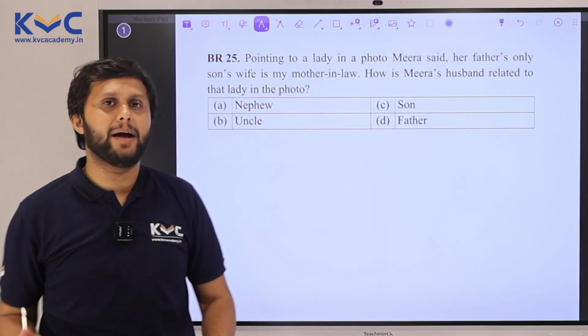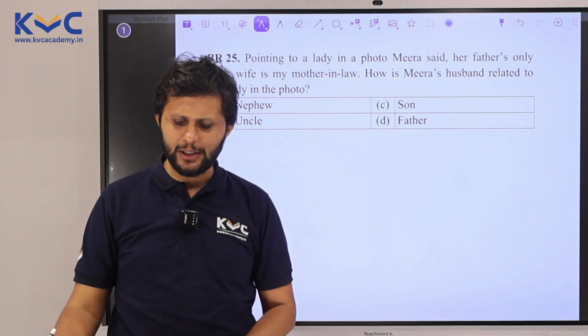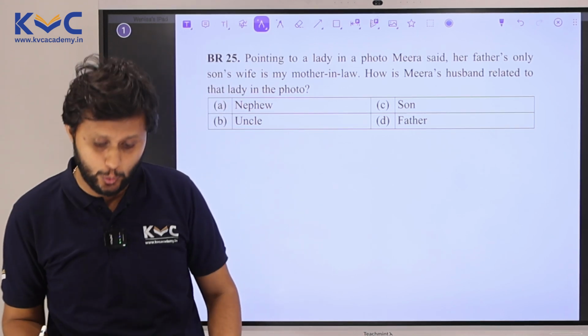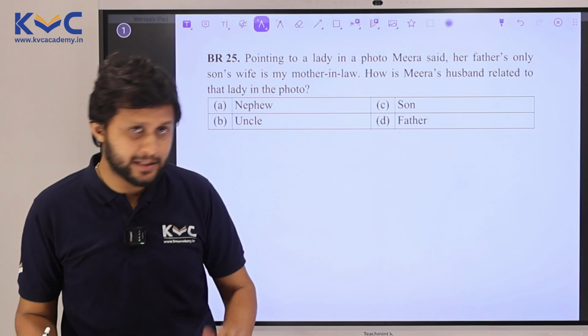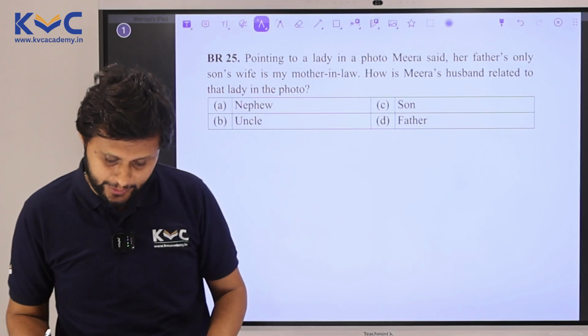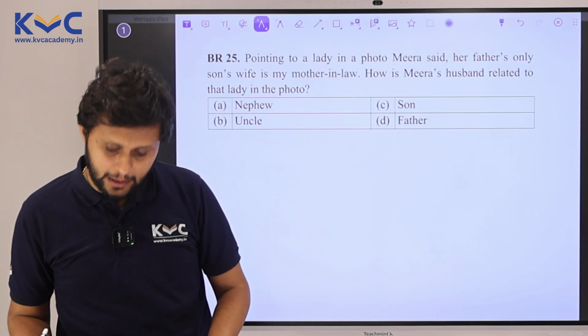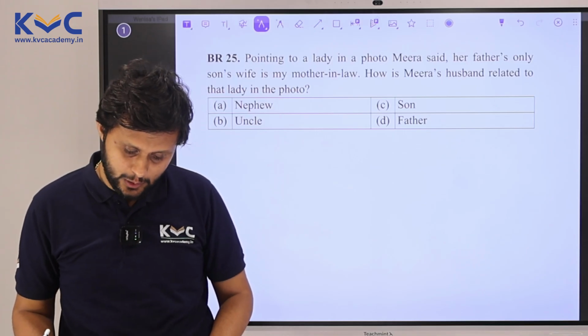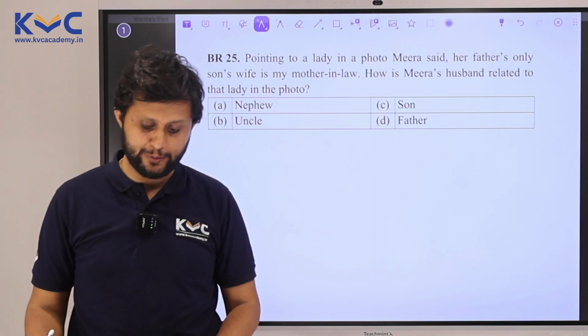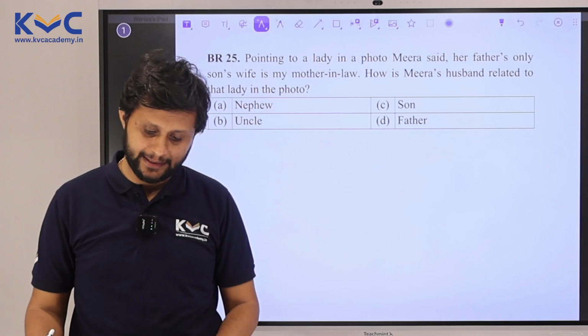Question number 25. Again, pointing to the lady in a photo. So there is a lady in the photo. Okay. Meera said, her father's only son's wife is my mother-in-law.